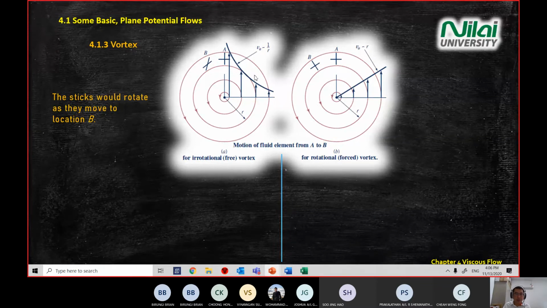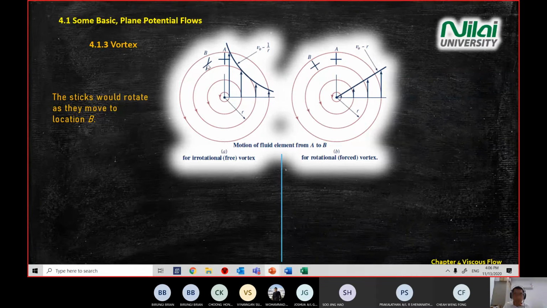So what happens if you put a stick inside this domain, inside the flow? What happened to the stick behavior? On the left-hand side, the free vortex diagram, let's say you have a stick with a cross, you put at A, and then you let the flow do the work. As the stick moves from position A to B, you will see that the stick will rotate a bit.